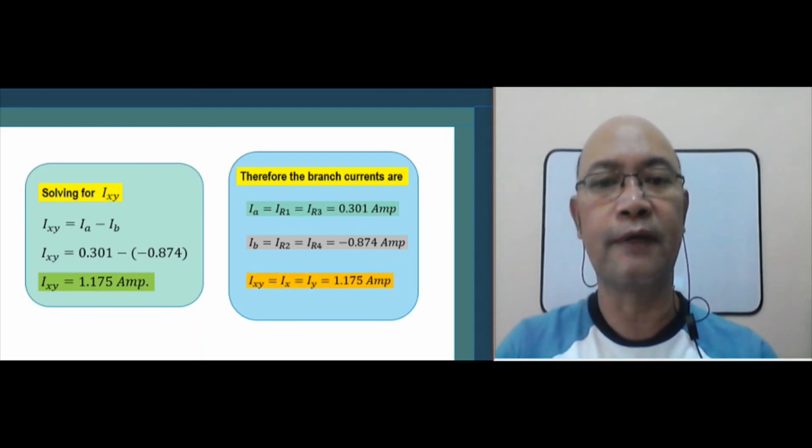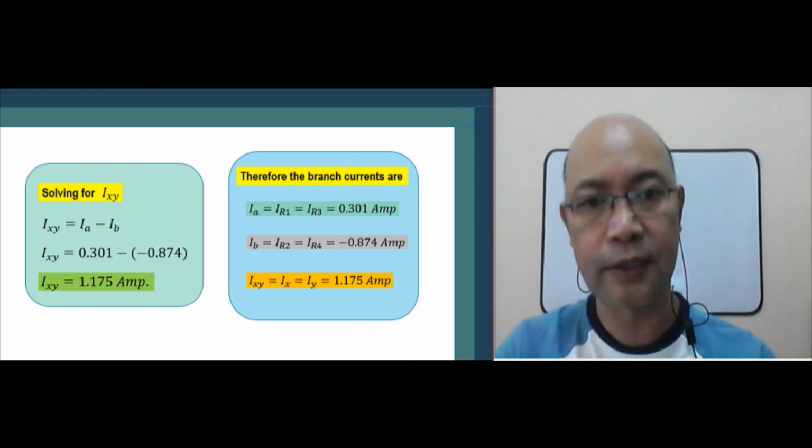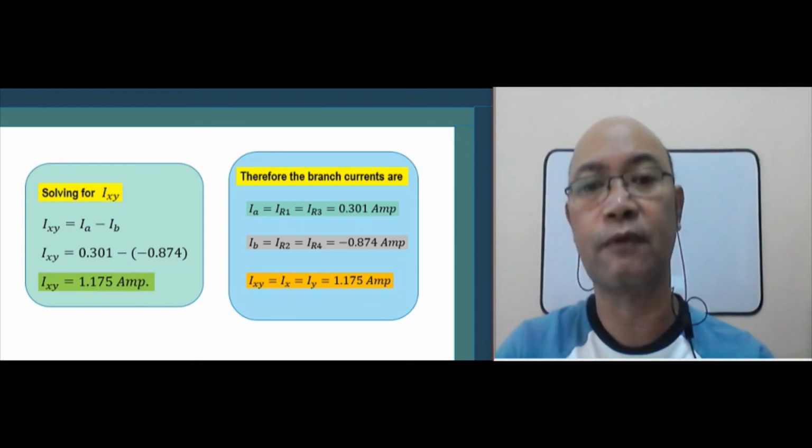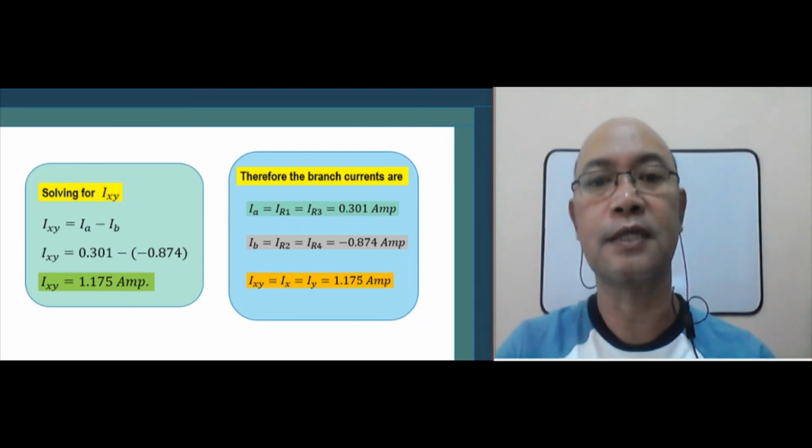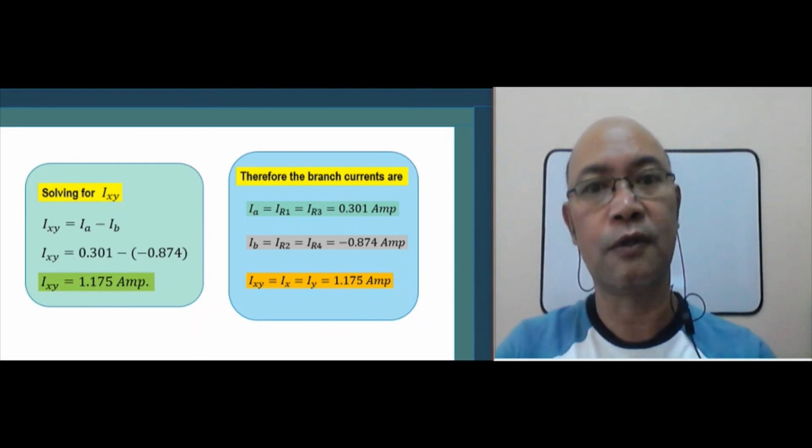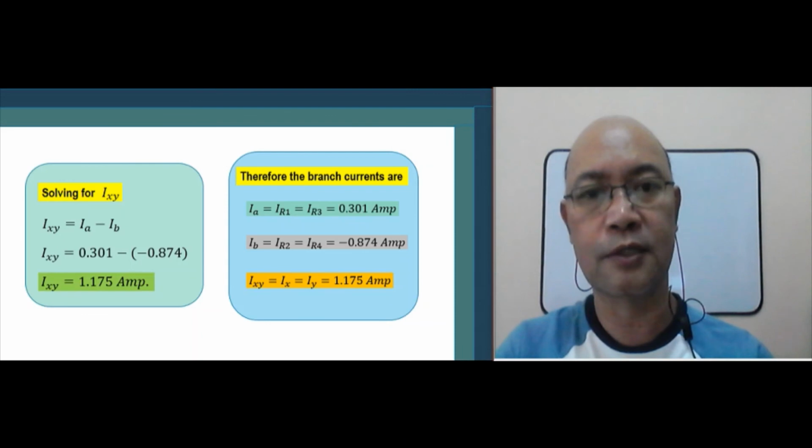And the value of IXY, the same current flowing at RX and at IY, is equal to 1.175. So these are the branch currents that were solved with the use of Maxwell's method.